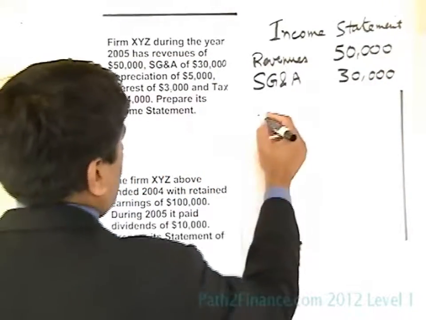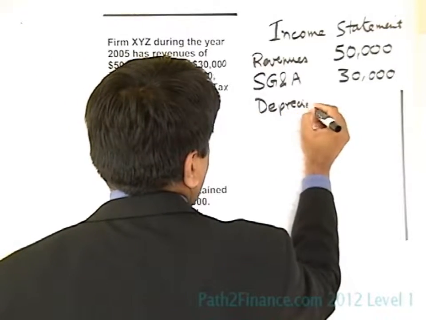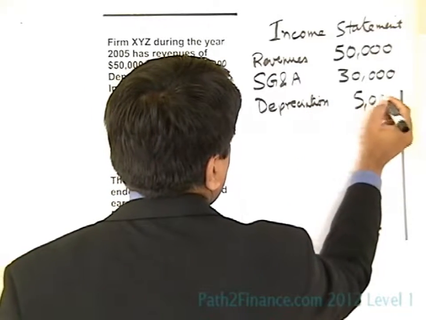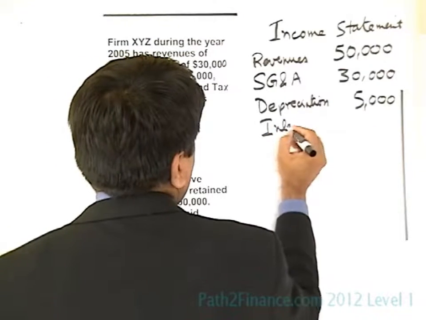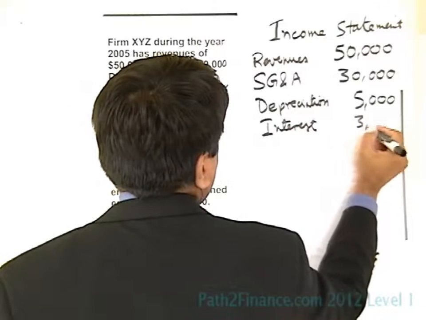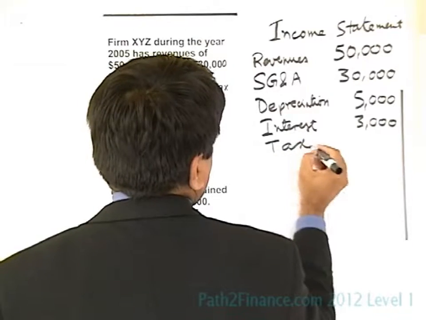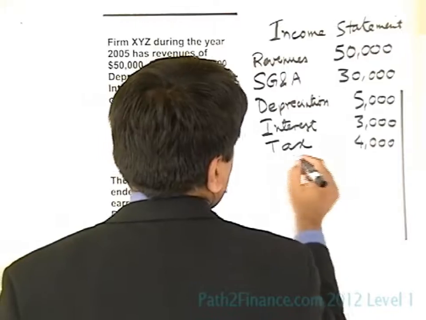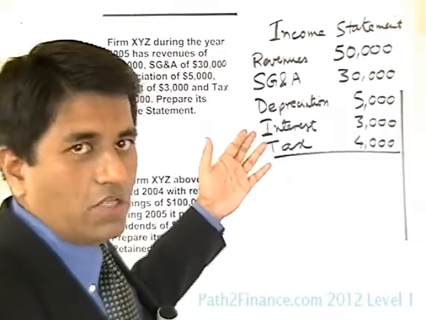Depreciation is also to be subtracted. Interest and tax are also to be subtracted.